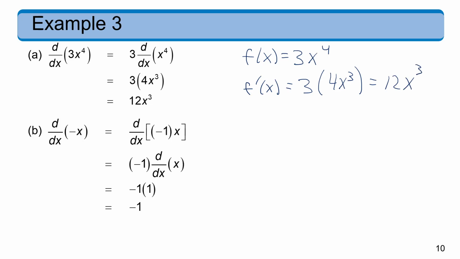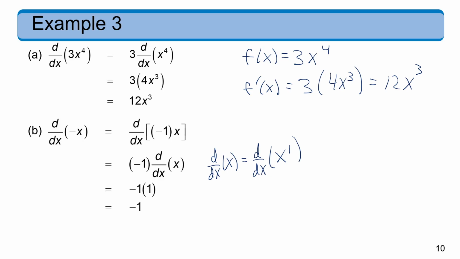Okay, let's go to part B. Here we're taking the derivative of negative x. Now negative means we're multiplying by -1. So that is a constant times x. So we can pull that -1 out in front. So here's where we've written it's -1 times x. Pull the -1 out in front. Now we're taking the derivative of x. We did this one earlier. The derivative of x is 1, but technically that does come from the power rule, because for the derivative of x, we can rewrite x as x to the first power and then use the power rule.